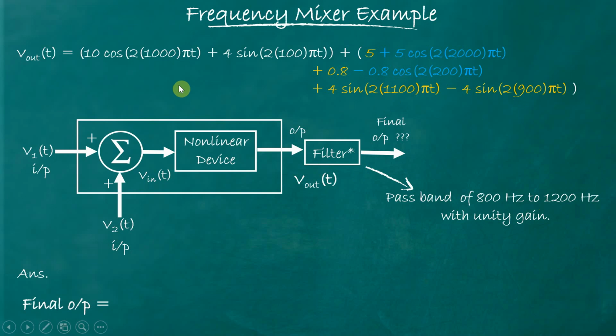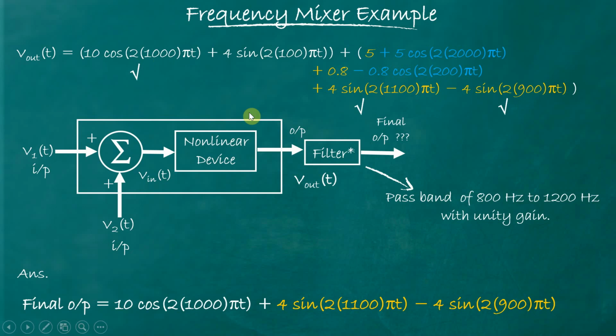So 1000 is within the range, 100 out of range, 2000 out of range, 200 out of range, again 1100 allowed, 900 allowed. So these three frequency components will be allowed to pass through, and that would be your final frequency components in the output.